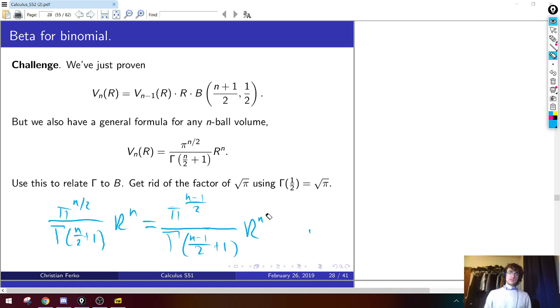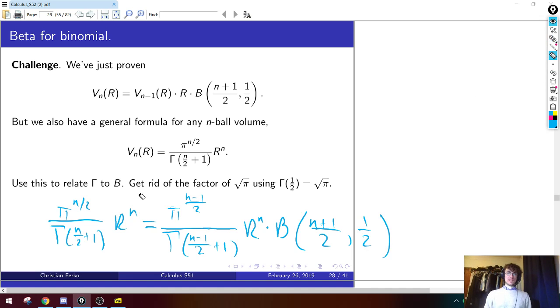And then the beta, times beta of n plus 1 over 2, comma 1 over 2.